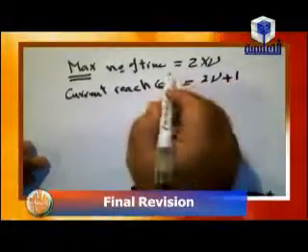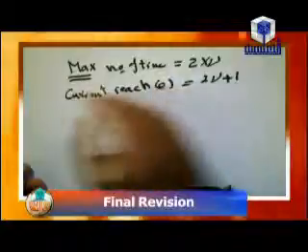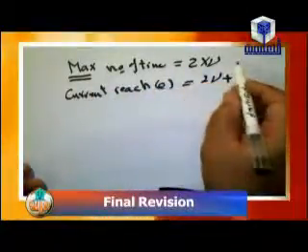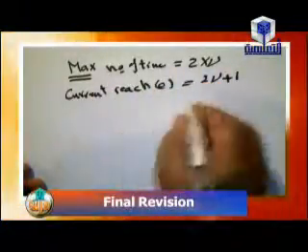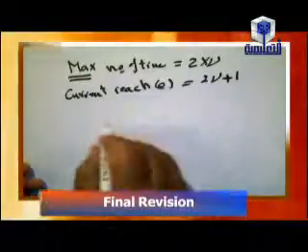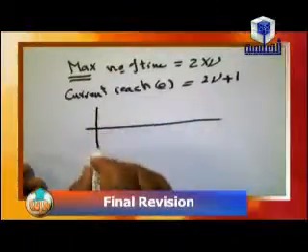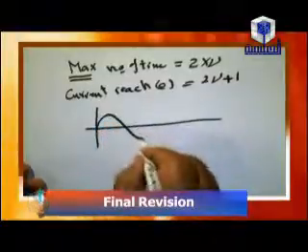So the AC current reaches maximum 2 times nu, and reaches zero 2 times nu plus 1, according to the sine curve, which I will draw.